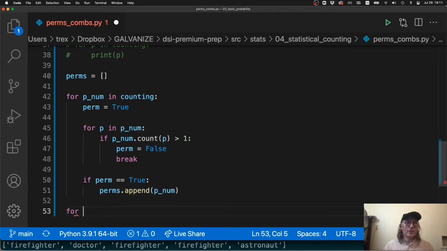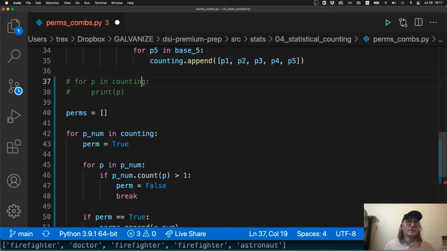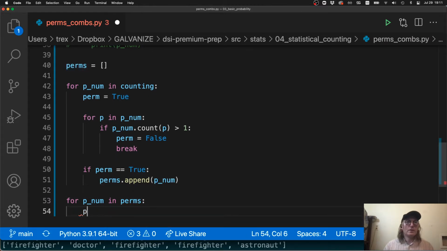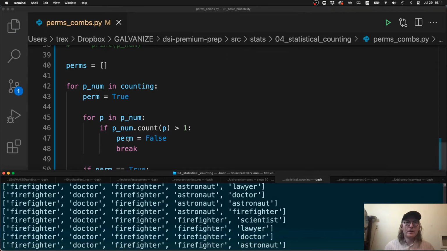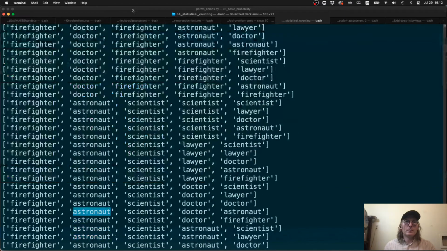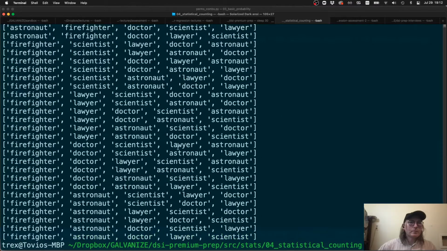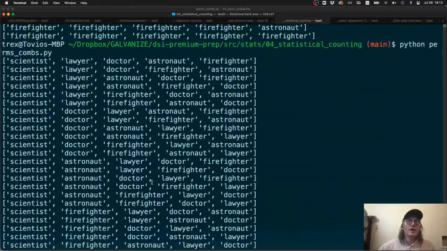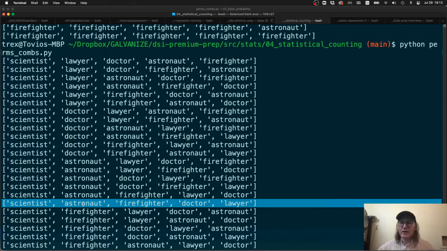So I'm going to say for p num in our permutations, let's just print that person number. And here we get this big list of stuff. These are permutations. We don't have any one of these lists where we repeat any of the elements.